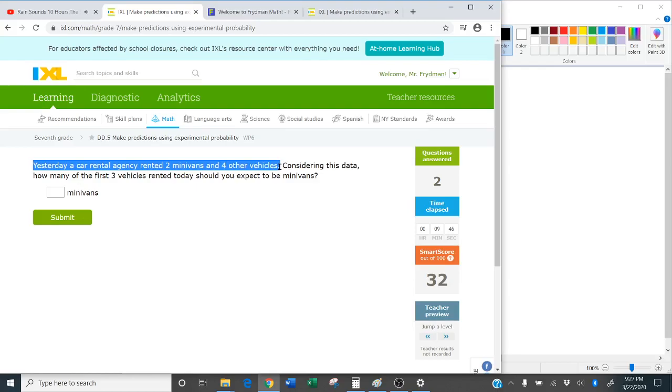So that's where you have to look carefully. The 2 minivans are not included in the 4 other vehicles. So we have 2 minivans and then 4 completely different types of vehicles, maybe cars or trucks or motorcycles. Okay, so that's important.